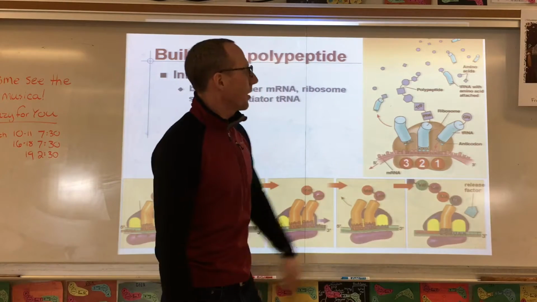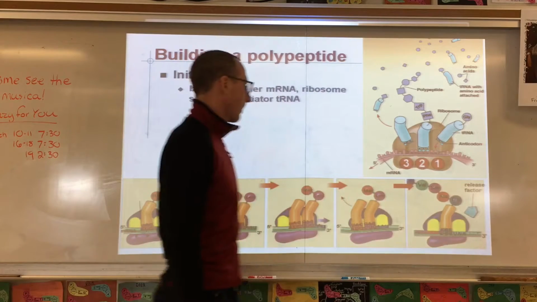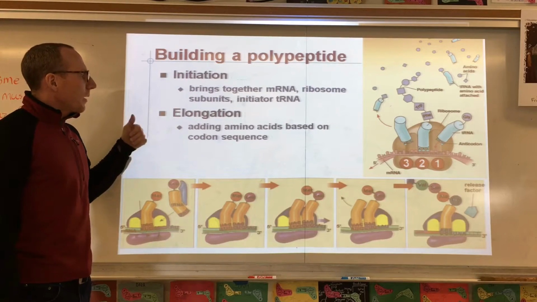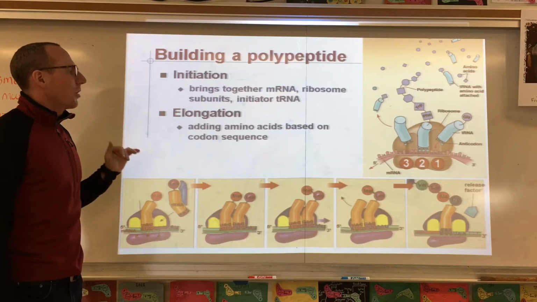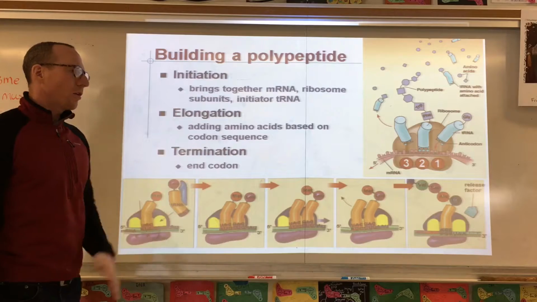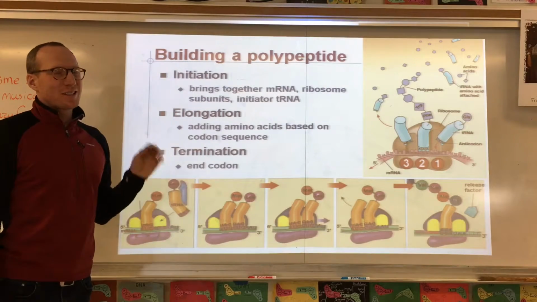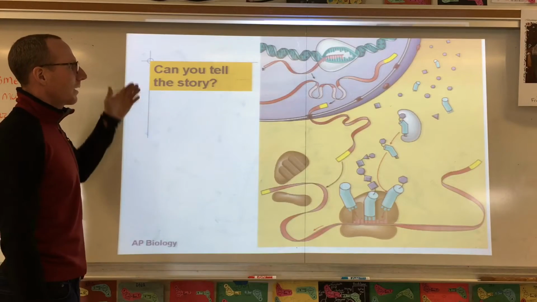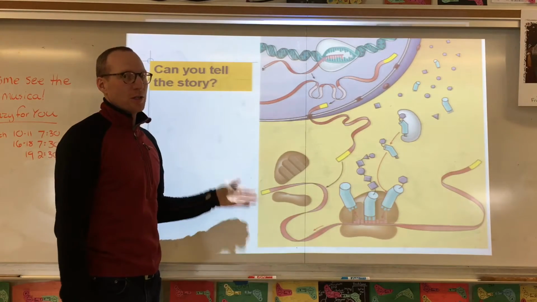And the amino acid is attached to the end of it. Elongation, what we do is add amino acids based on the codon sequence, okay? And then termination, there's an end codon, and we learned that in class, it was stop, okay? That's what it codes for. And can you tell this story tomorrow? That's what we need to know.